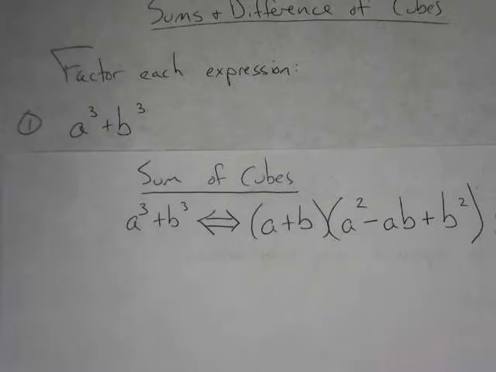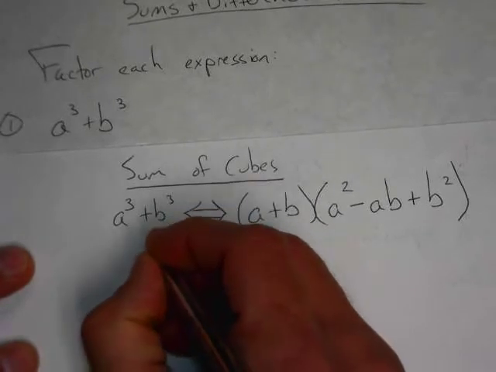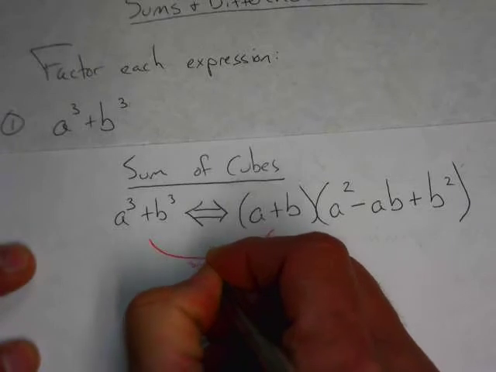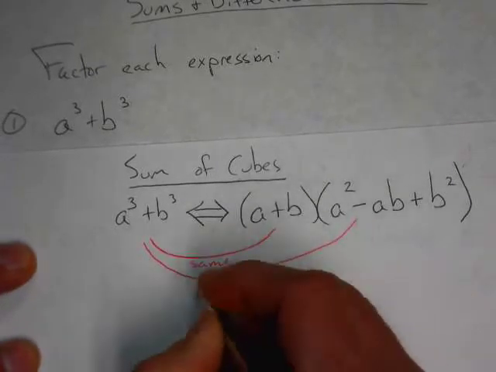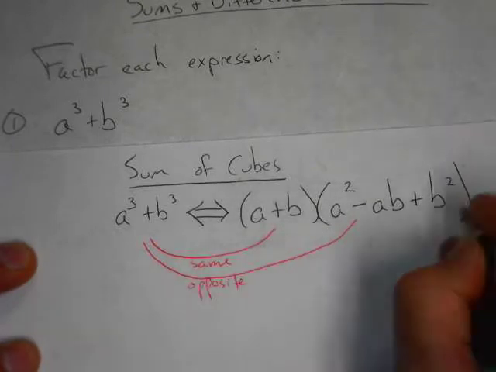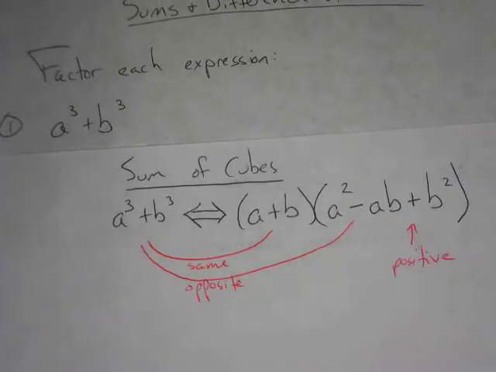When we have a sum of cubes, take a look at the signs. The first sign is the same. The second sign is the opposite. And then the third sign is positive.